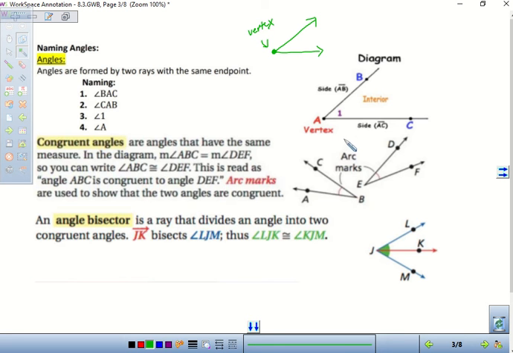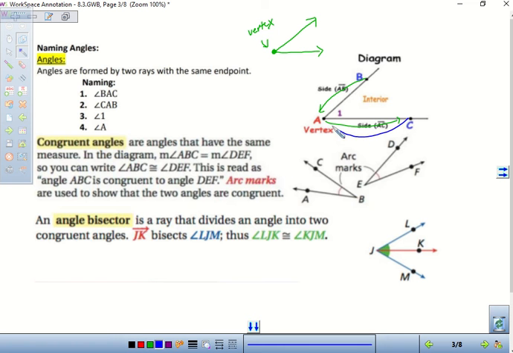You can do what we call three-letter naming, which is where we name it by the three letters that form the angle. So as you can see here, it would be called B, A, C. So angle, this is the symbol for angle, angle BAC. Notice the vertex is always the middle letter in that naming system, okay? Now, there is no reason we need to go in that order. We can also go the other direction.